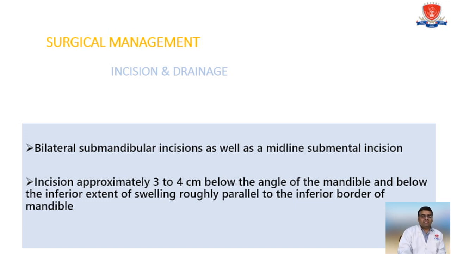As surgical management, bilateral submandibular incisions as well as a midline submental incision. The incision is approximately 3 to 4 centimeters below the angle of the mandible and below the inferior extent of swelling, roughly parallel to the inferior border of the mandible.